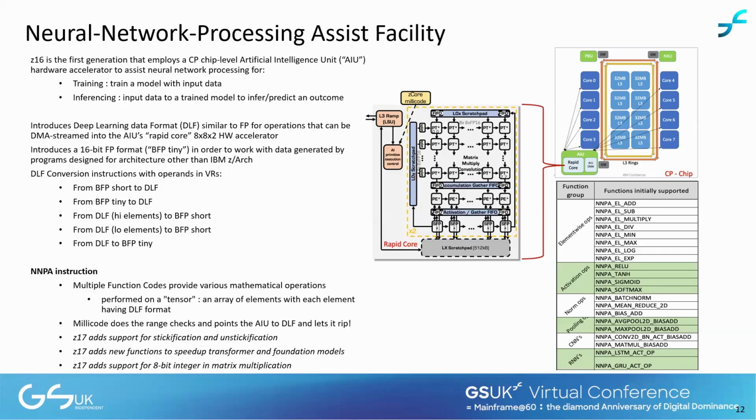Have the initial set of Z16 transformations supported by the AIU listed there in the bottom right. Z17 adds more. It also has support for 8-bit integer support in the matrix multiplication operation. Yeah, that's the recap and a few words about what Z17 does to improve upon it.